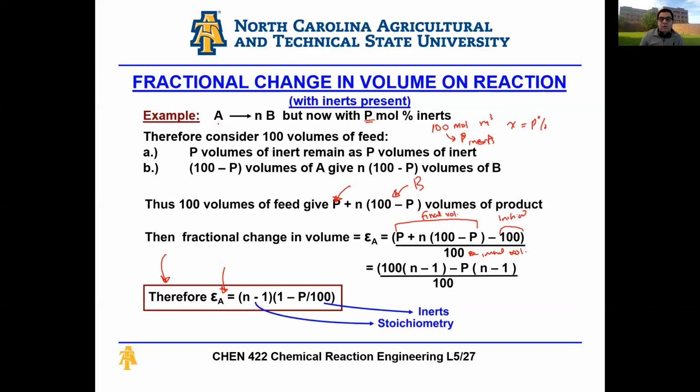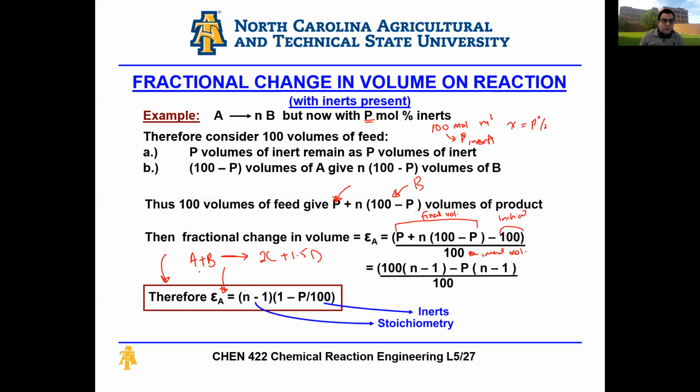And again, this is for this type of reaction. If you don't have this type of reaction, you can always count the number of moles. So for example, if I have A plus B will give me 2C plus 1.5D, right? So what's N in this case?